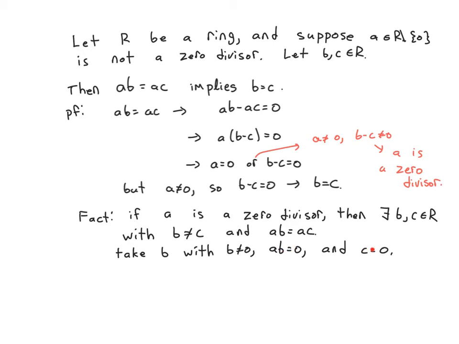Then just take c to be 0 itself, because then ab and ac are both equal to 0, so they're equal to each other, but b is not equal to c. So we like our rings to not have zero divisors, because when you don't have a zero divisor, you can cancel. If you do have a zero divisor, you can't.